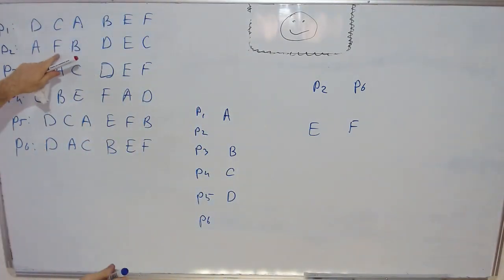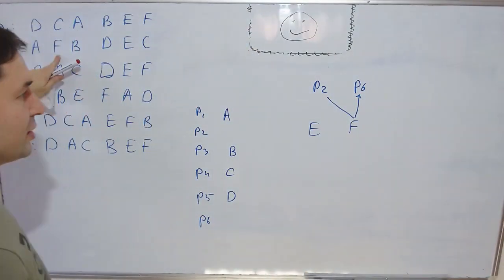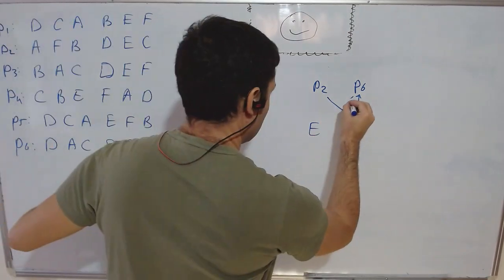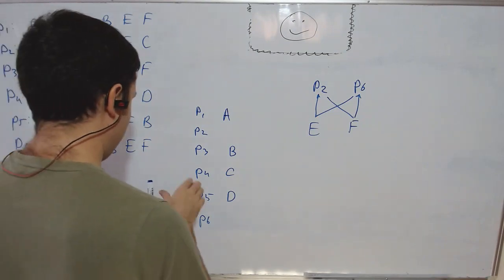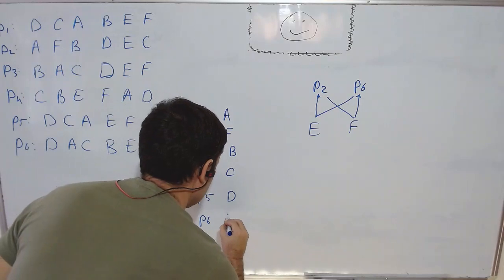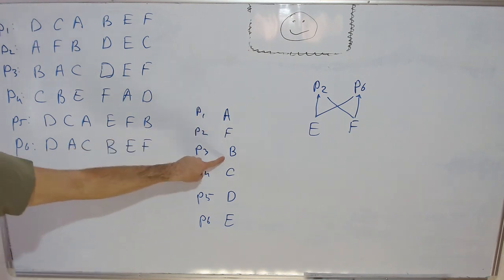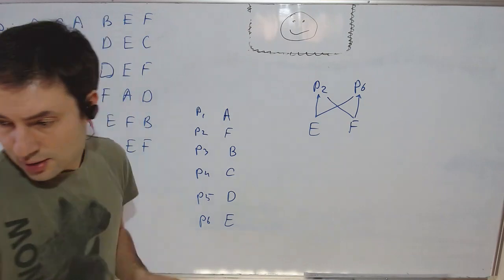P2 points to F, F points to P6, P6 actually points to E, E points to P2, and so they just swap their houses. So P2 goes into F, and P6 goes into E. So let's check: A, F, B, C, D, E.